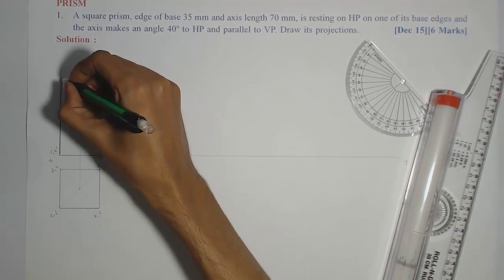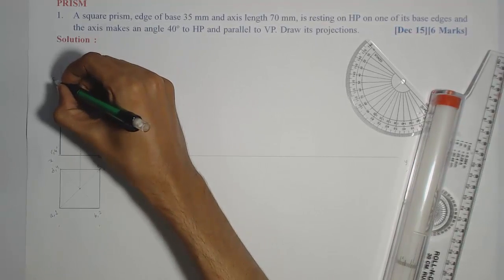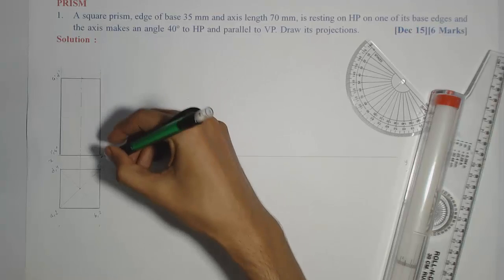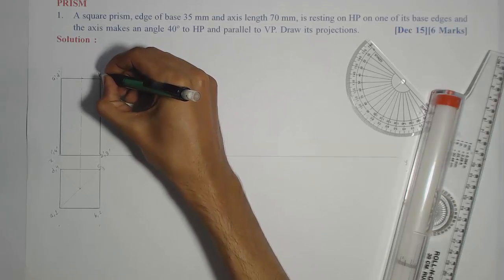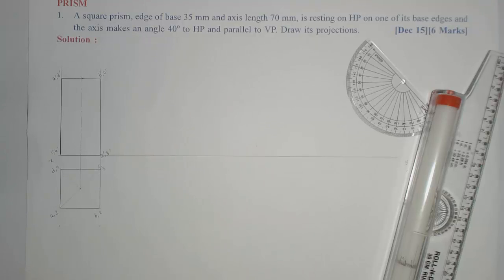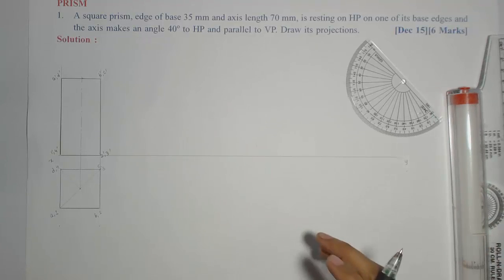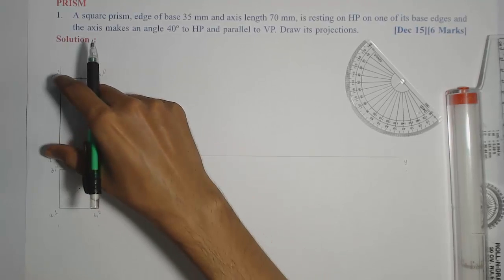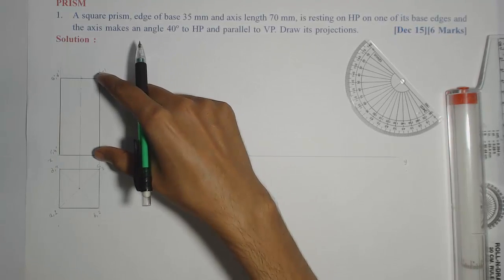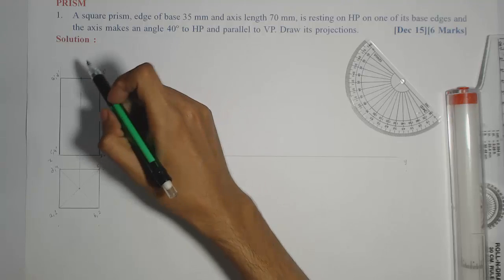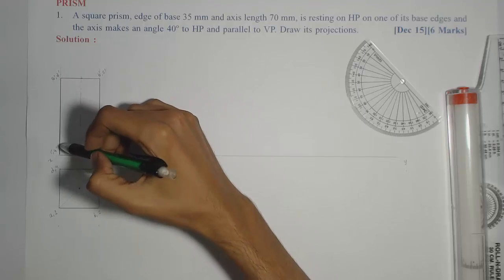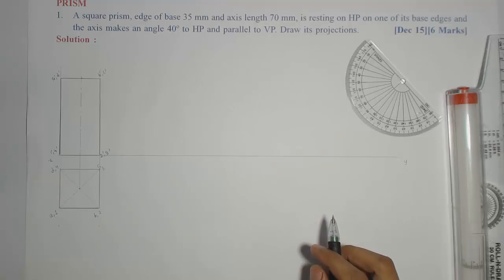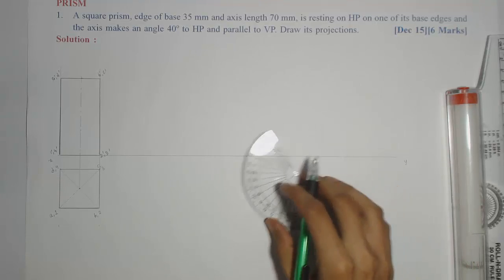Similarly in the top view, for the top base I'll get A dash D dash as a single point and B dash C dash again as a single point. Now this completes the first stage. Here two vertical edges are coinciding, also here two vertical edges are coinciding. That's why I am getting two notations at one corner. Now we'll move to the next stage.